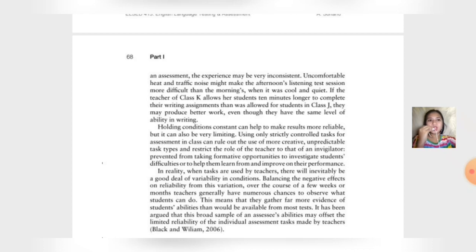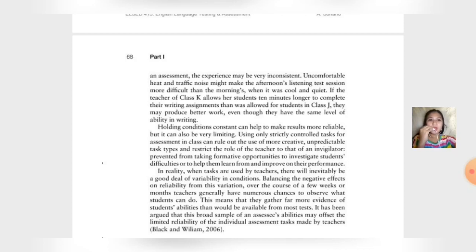Using only strictly controlled tasks for assessment in class can rule out the use of more creative, unpredictable task types and restrict the role of teachers to that of an invigilator, prevented from taking formative opportunities to investigate students' difficulties to help them learn from and improve on their performance.